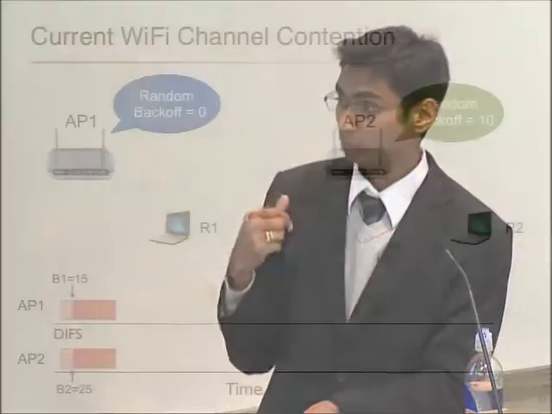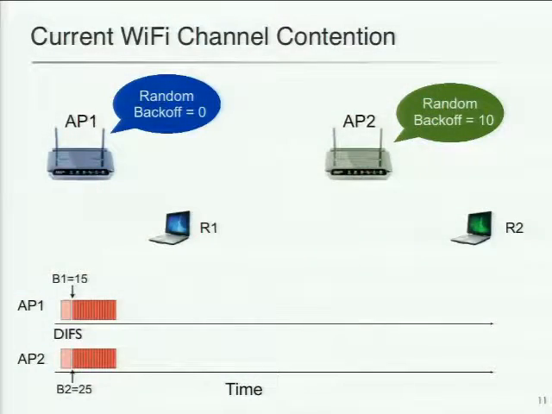So to do that, Wi-Fi says, let these access points count down from the respective random numbers. And the idea is, whoever hits 0 first has the lowest random number, and hence is the winner of the contention. So let's see how that works here. AP1 is going to count down from 15, and AP2 is going to count down from 25.